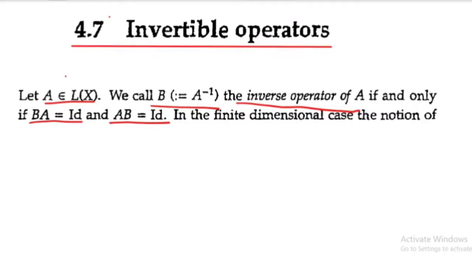AB equal to ID need not imply BA equal to ID in the case of infinite dimensional space. We have already discussed that example in our linear algebra, just to recall that.